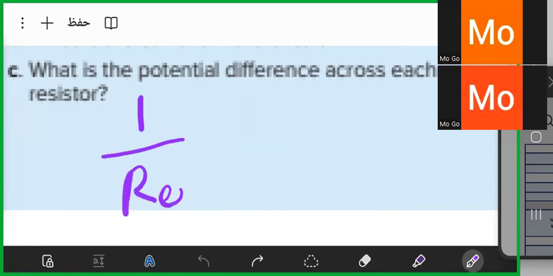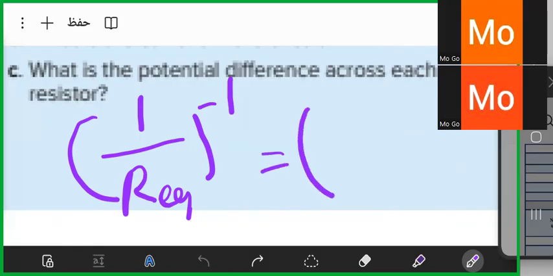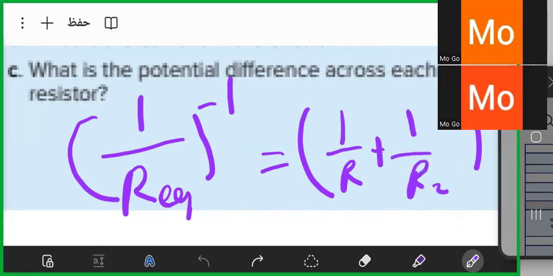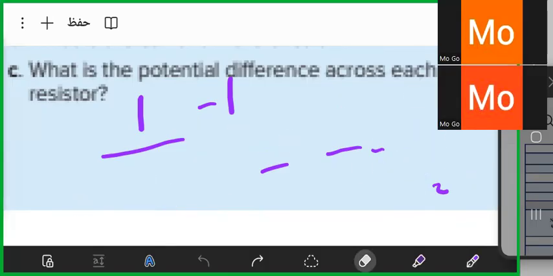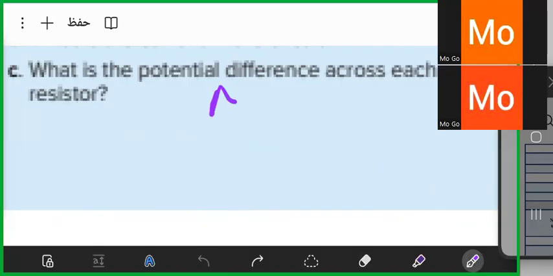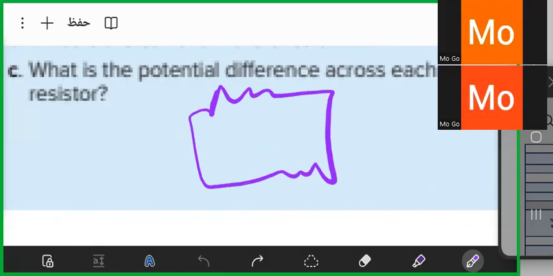Okay, we can type like that: R equivalent to the power -1. Why do we put -1? If we have two parallel resistors, here parallel number one is 5.